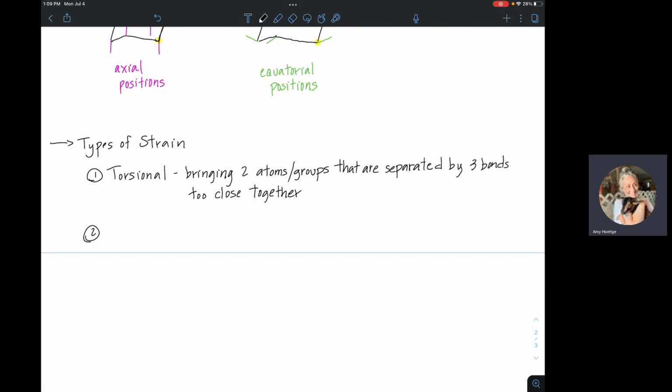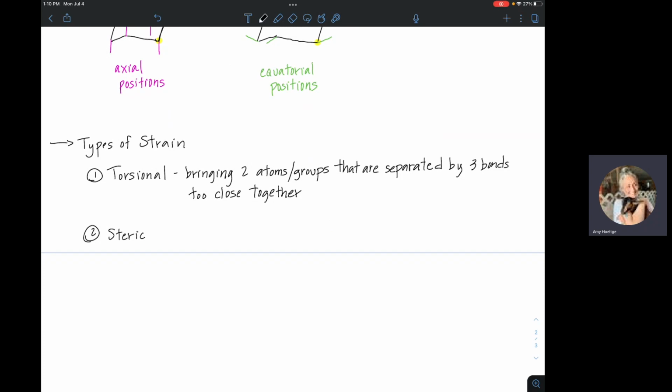If it's easier to remember, think about the bonding domains. So the electrons involved in the bonding domains, we're going to bring those just a little too near each other. Another Coulombic type of repulsion, sometimes we refer to as steric strain. This will be like if I'm bringing two atoms or groups that are separated by 4 or more bonds a little too close together.